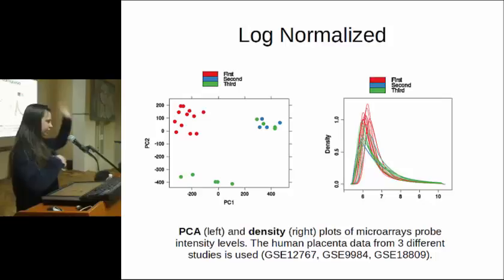So it's just a distribution of probe intensity values. I didn't describe it here, but we need to perform a step where we annotate our probes to understand which probe is mapped to which gene. So here are probes.